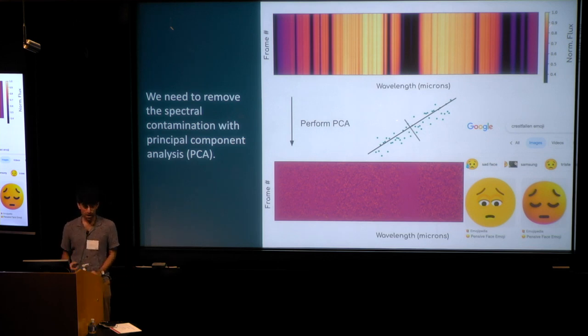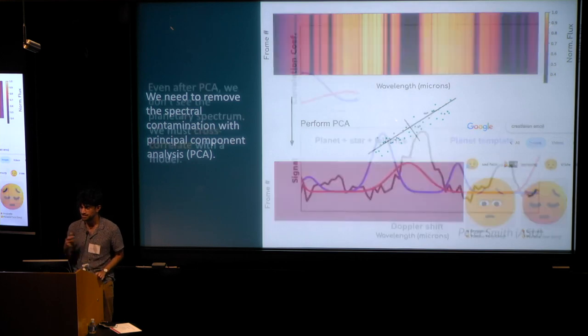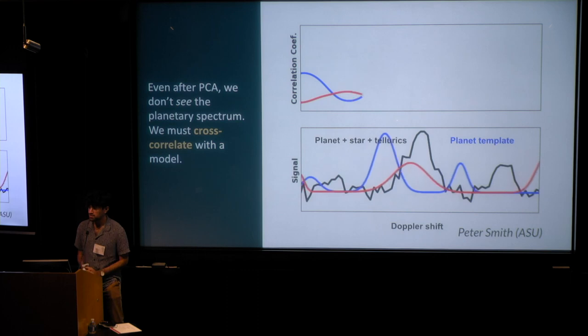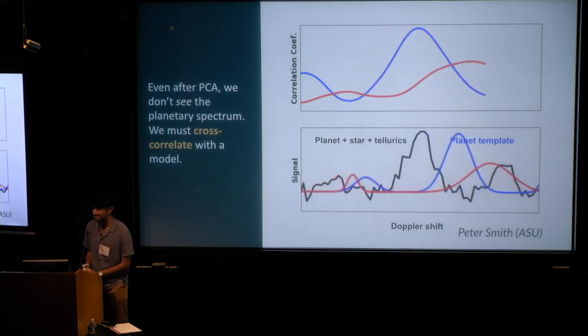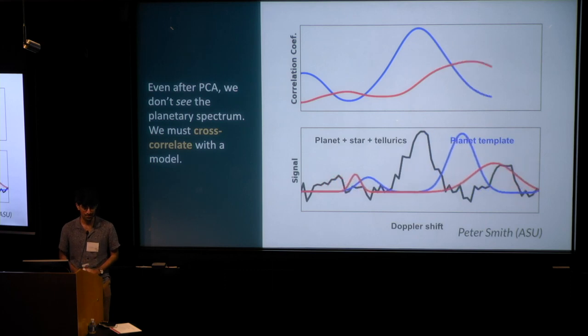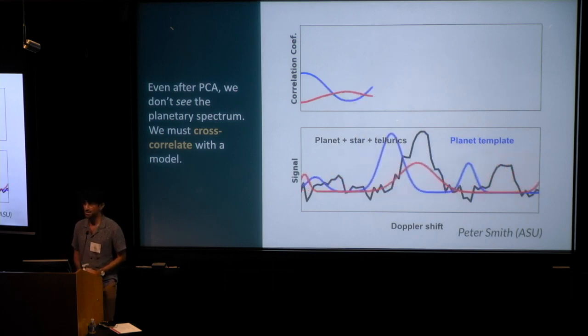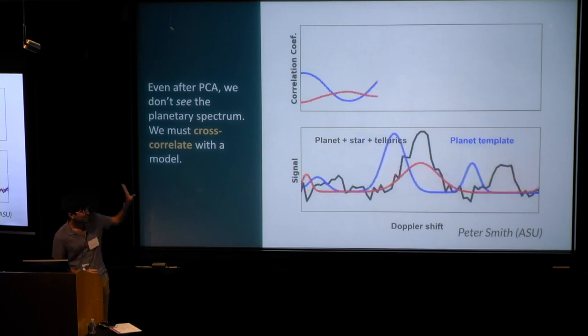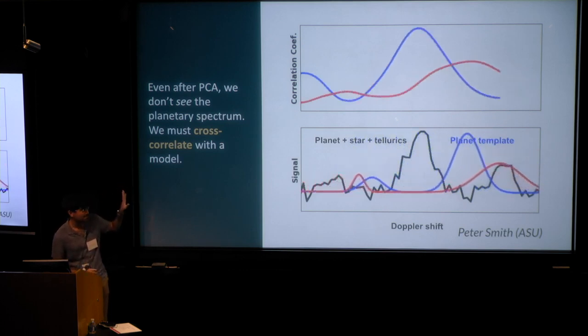So there's a huge caveat here, right? We need to do at least one extra thing in order to eke out the planetary signal. So we need to resort to this thing called cross-correlation analysis. So we have all that junky data, right? I'm sure that there's a planet in there somewhere. People like Chris have spent their lives planning all these RV observations to make sure there's a planet there. So we know there's a planet there. We have to get its atmosphere.